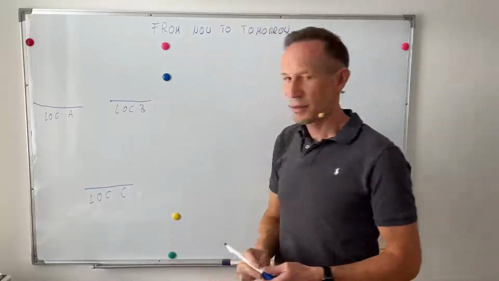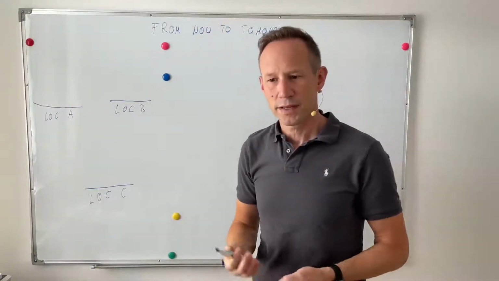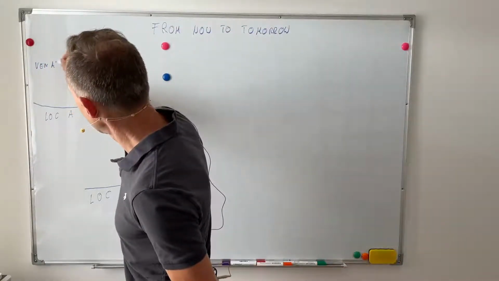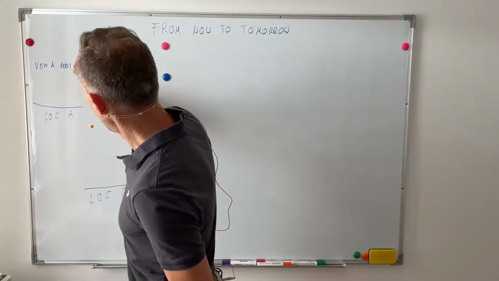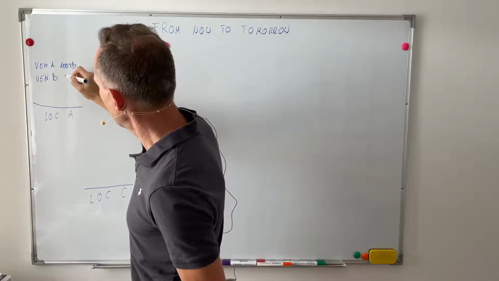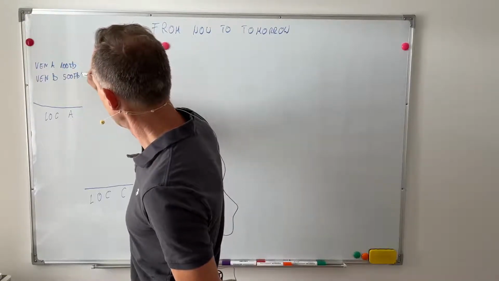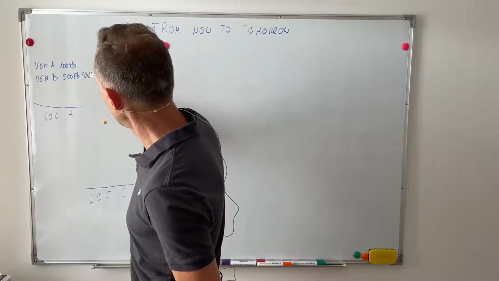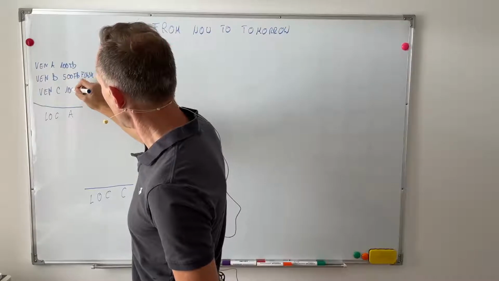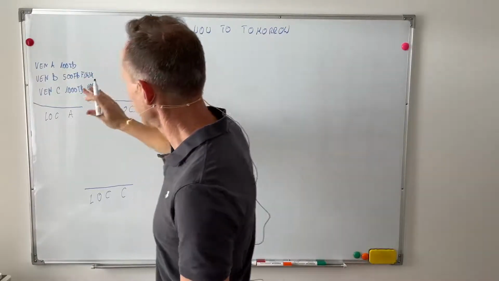Now we want to discuss this storage that they're using. Let's say they're using some storage, vendor A, 100 terabyte, vendor B, 500 terabyte flash, vendor C, 1000 terabyte HDD.